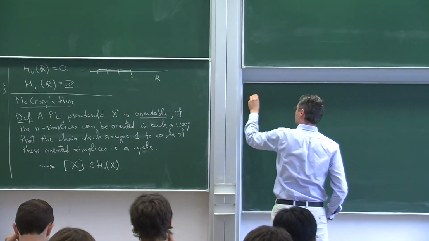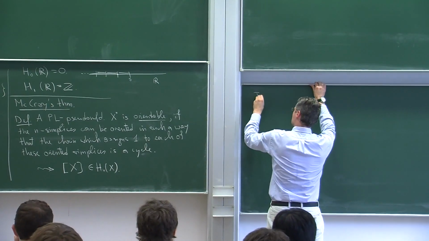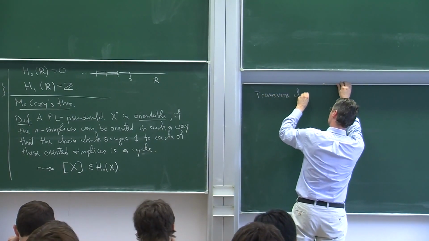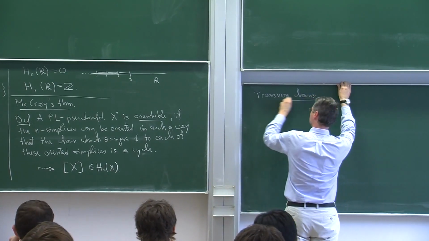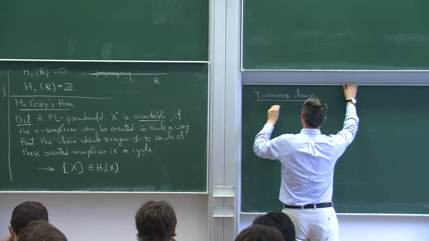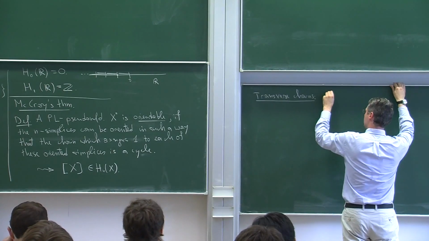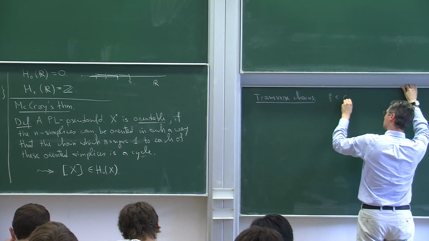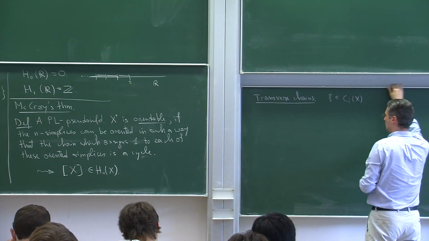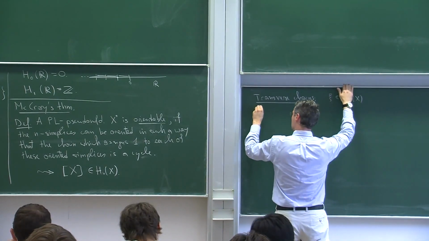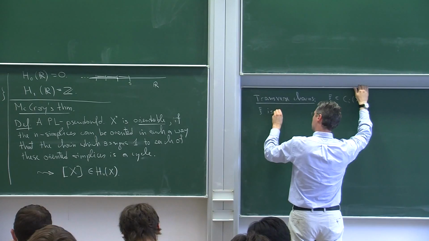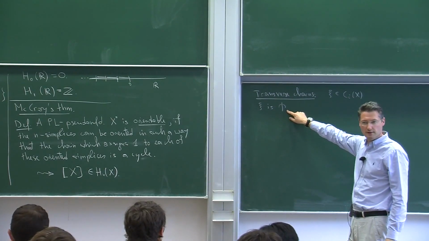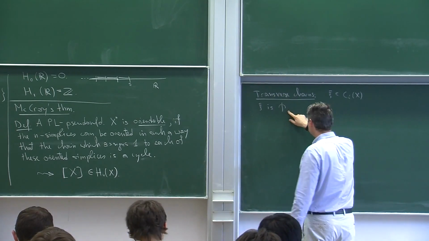Now, let's define transverse chains. So if I have a chain xi of dimension i, I say xi is transverse, and perhaps I'll just use this symbol to abbreviate this, the usual symbol for transversality.